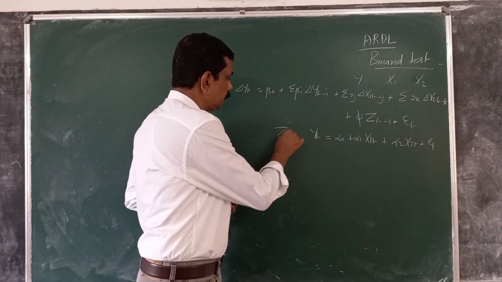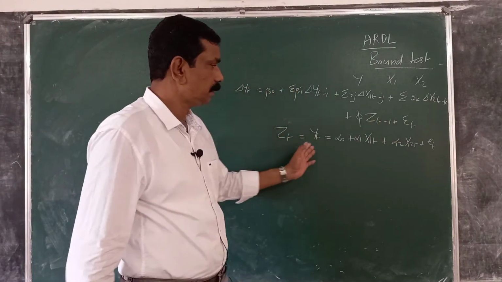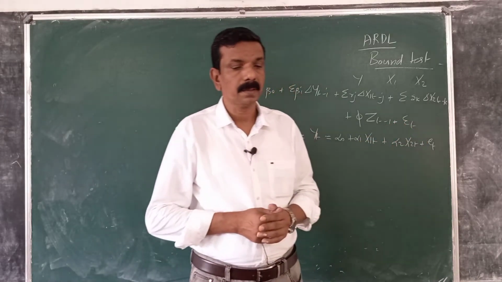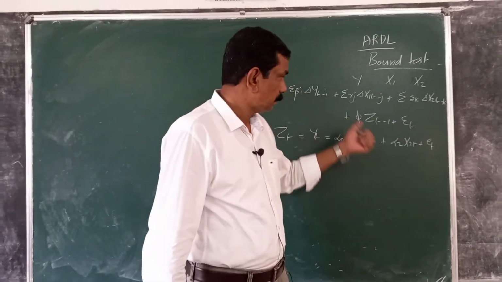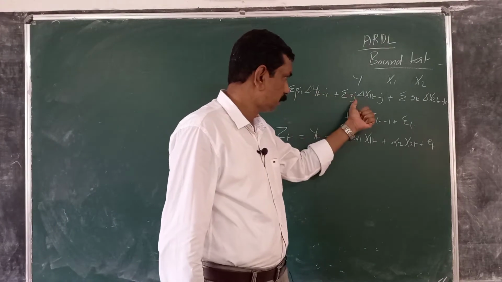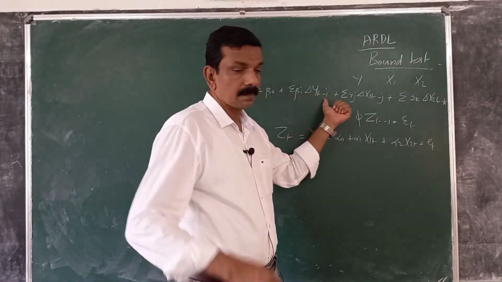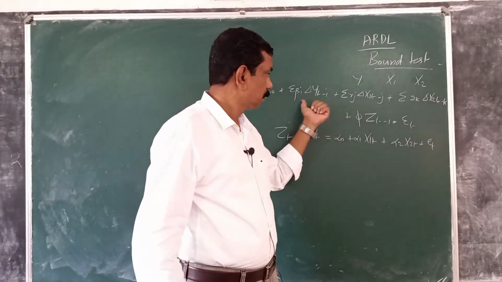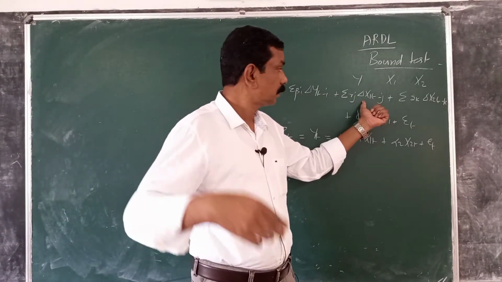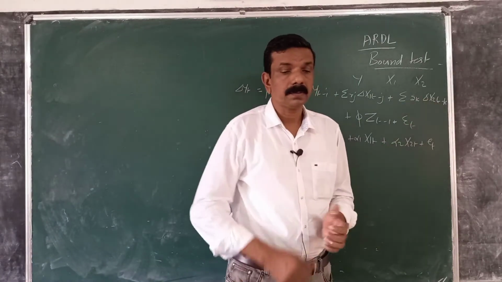This is zt, so lagging 1 you have zt minus 1. The summations over i, j, k run from 1 to p here, and from 0 to q1, 0 to q2, like that.